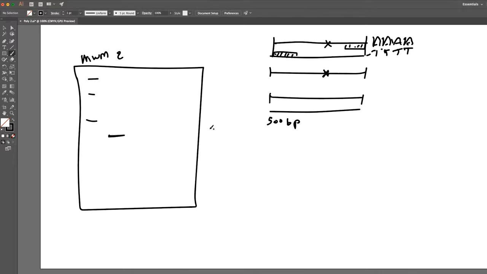Which makes sense because you're just amplifying a wild type individual from here to here. And this is not digested. So all they're doing is the PCR amplification and showing you that the product is 500 base pairs long. That's lane 2. This is wild type.